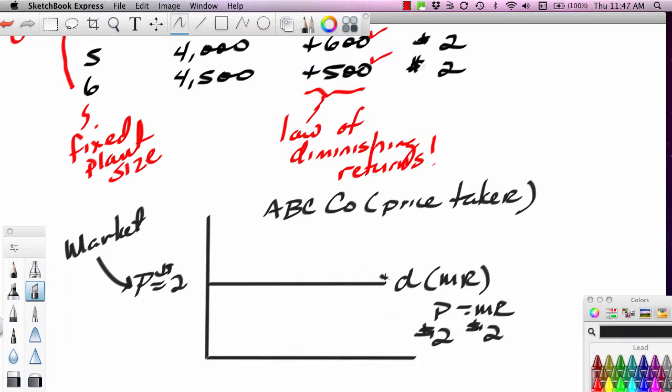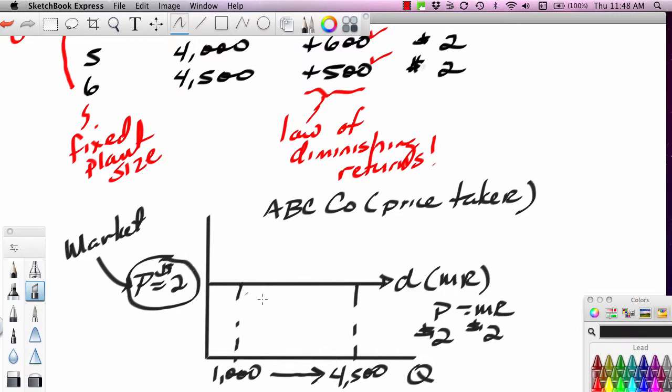So this is a very important idea here. We're assuming that the firm has no price-making ability. So whether the firm makes 1,000 units or 4,500 units, it doesn't matter. The firm can increase its output rate and that has no impact on price.